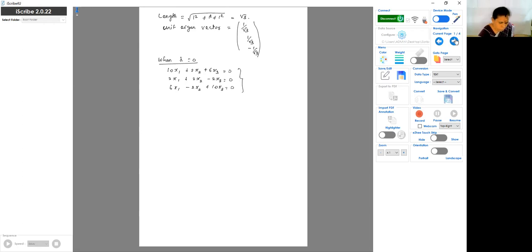So I am going to use the first and second. For that I am writing the simplified form: 5x1 plus x2 plus 3x3 equal to 0, and x1 plus x2 minus x3 equal to 0.